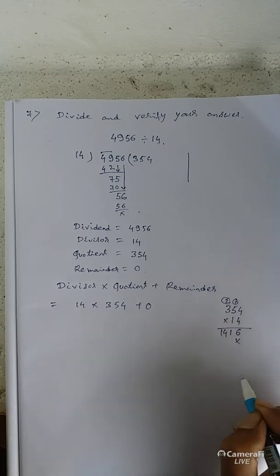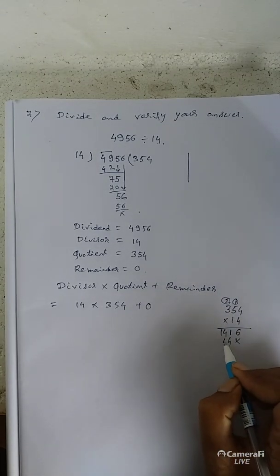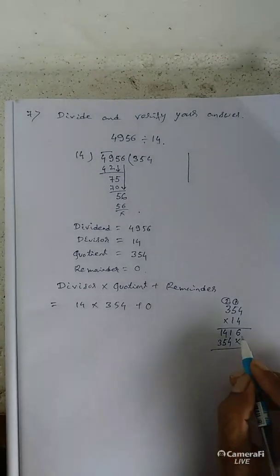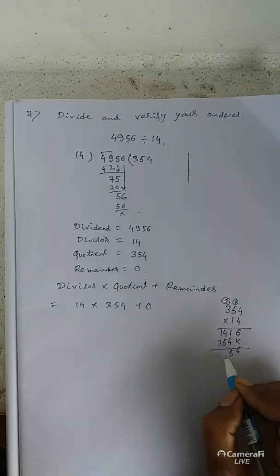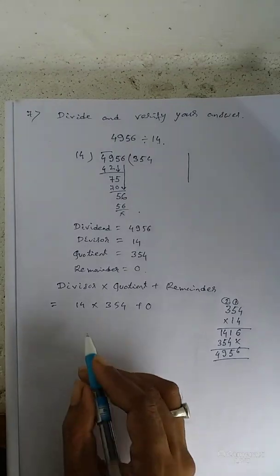Give a cross sign just below 6. Multiply it by 1. 1 4 just 4, 1 5 just 5, 1 3 just 3. Now add. 6, 4 plus 1, 5, 4 plus 5, 9, 3 plus 1, 4, 4 9 5 6.